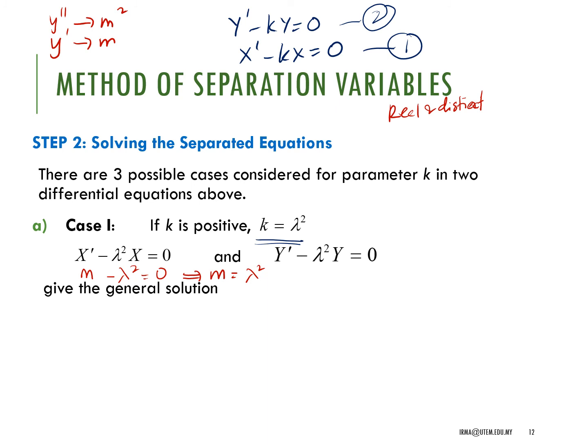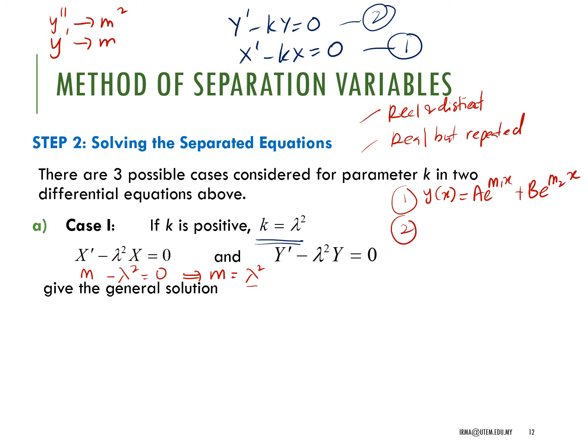Since our root will not be a complex conjugate, it only has real numbers. If you refer to table 2.1, you have two solutions for real roots: one is real and distinct, one is real but repeated. For real and distinct, the general solution is a exponent m1x plus b exponent m2x.